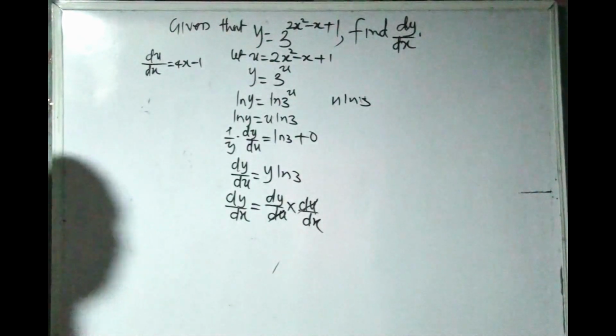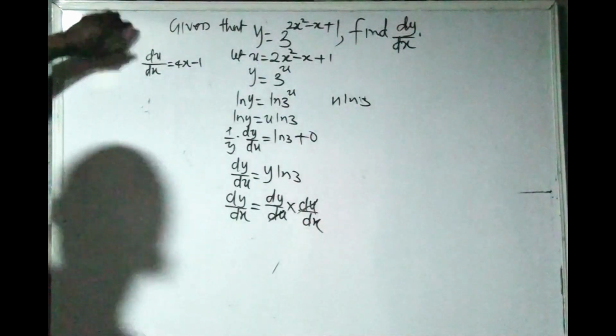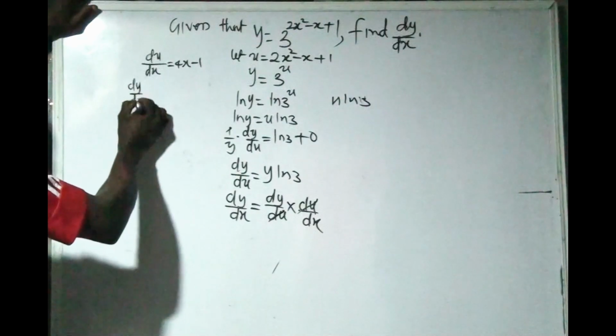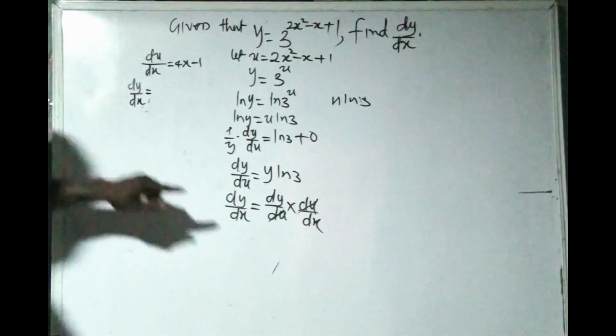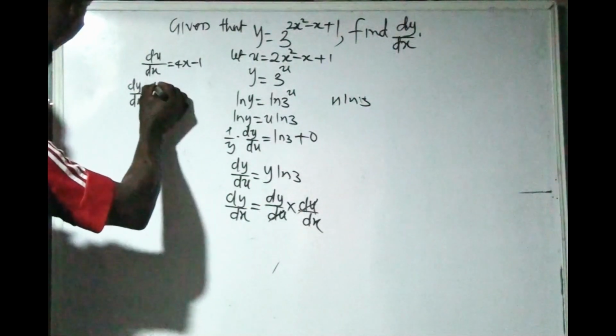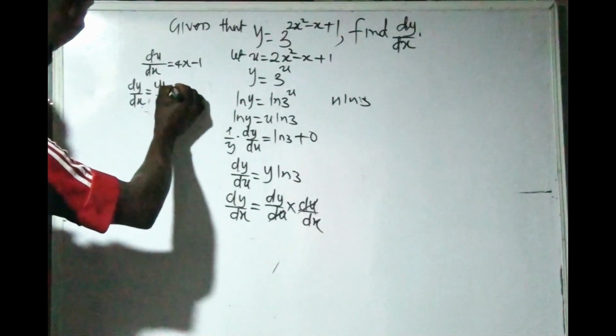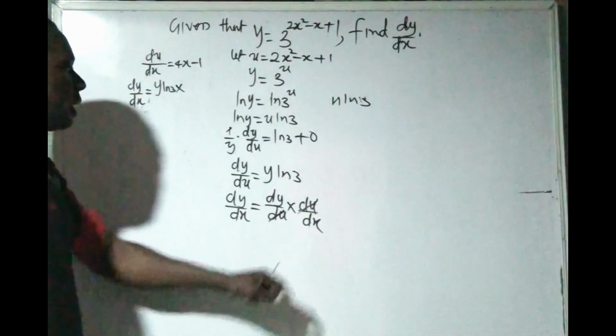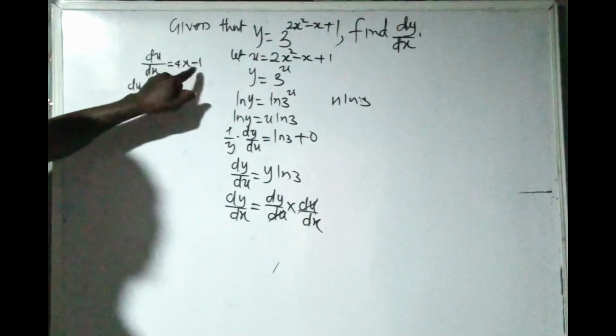So if we apply the chain rule here, dy/dx becomes the product of dy/du, which is y ln 3, times the product of du/dx, which is 4x minus 1.